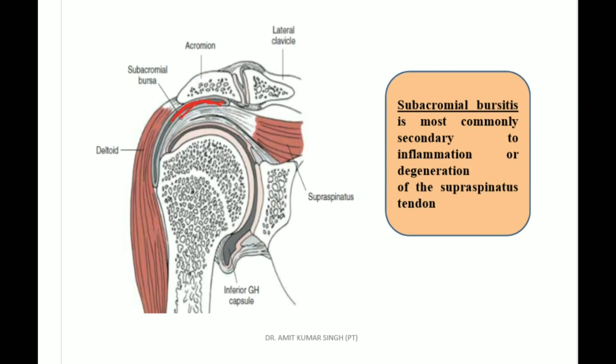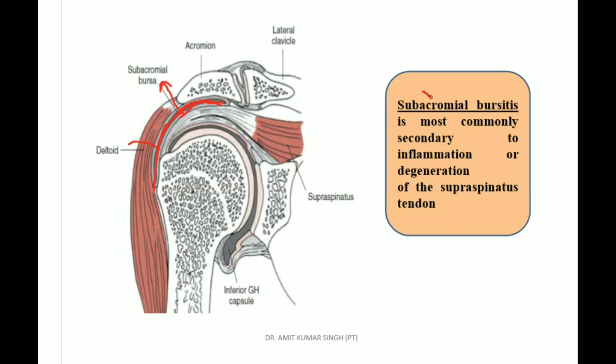As it is present below the acromion process, it is termed the subacromial bursa, and if it is present below the deltoid muscle, it is termed the subdeltoid bursa. They are connected throughout, so collectively these two bursae can be termed the subacromial bursa.